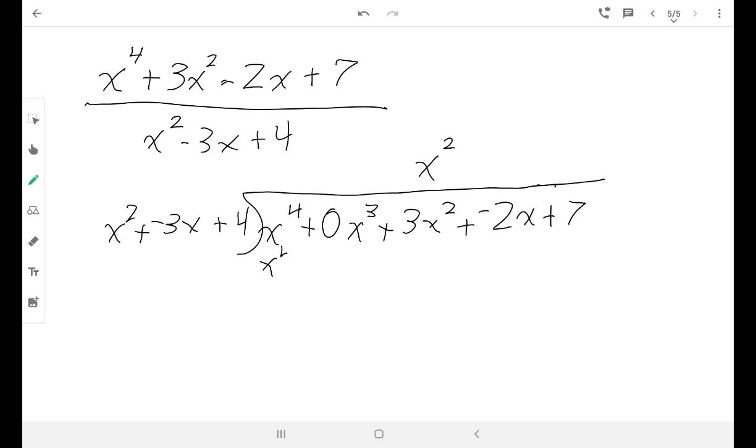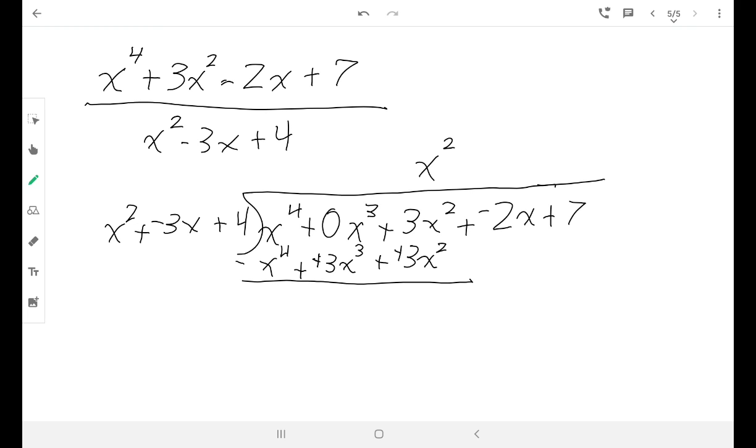So this is going to be x to the 4th plus a negative 3x cubed. That's why you need that placeholder of 0x to the 3rd so that you can line that up, by the way, plus negative 3x squared. Okay? And then, of course, I need to subtract these, so I need to change the sign on all of them.